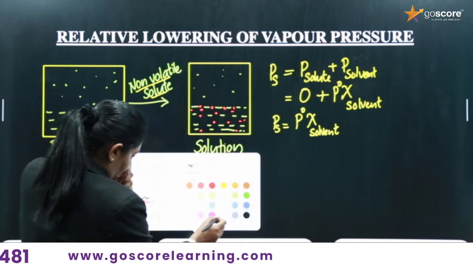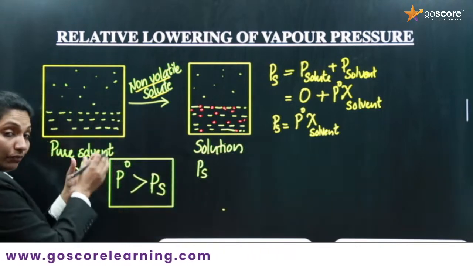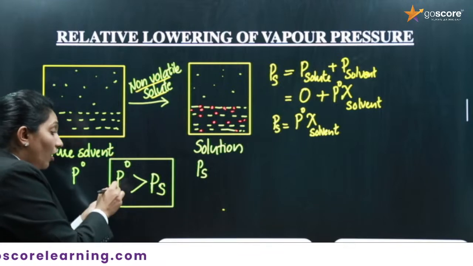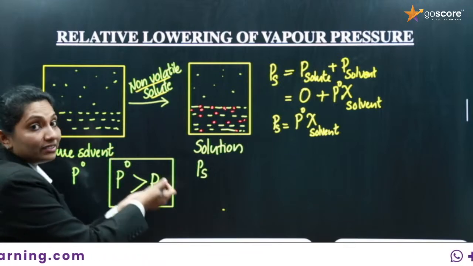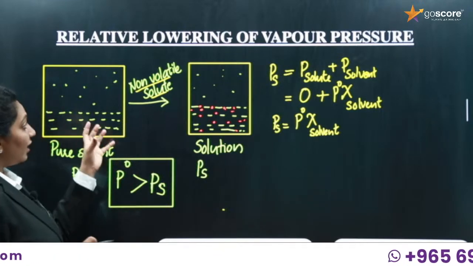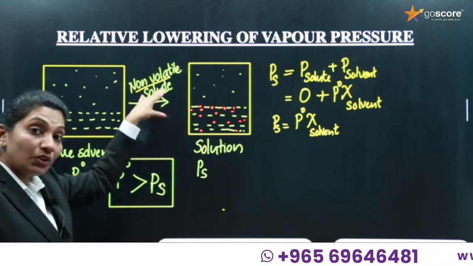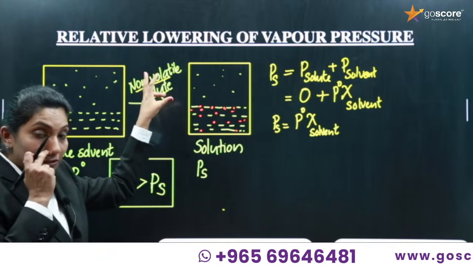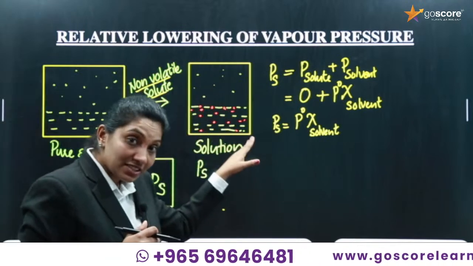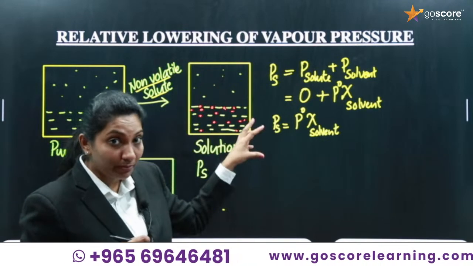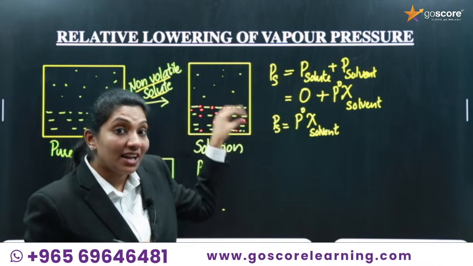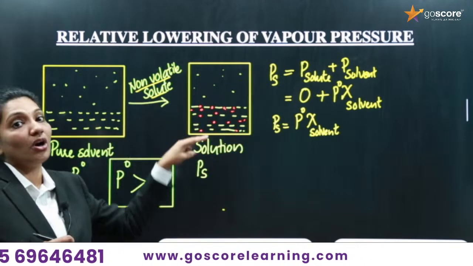As we said, the vapor pressure of the pure solvent is greater than that of the solution. That means when you add a non-volatile solute to a pure solvent, the resulting solution will have a lower vapor pressure than the pure solvent.